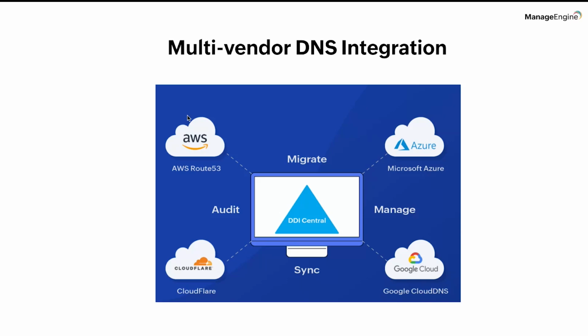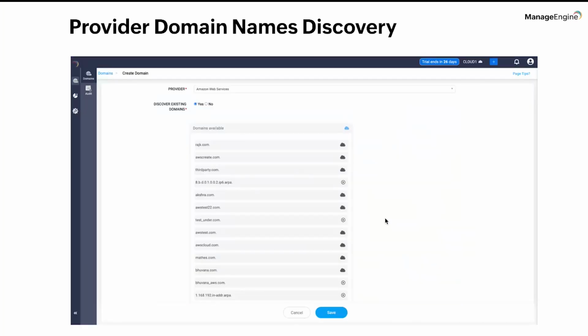So with this multi-vendor DNS integration through a cloud observability module, you bring in domain names from all these prominent providers. You migrate them basically, and you manage them. And whatever changes you make within the DDI Central interface will be synced to the relevant cloud provider, and whatever changes you make through the cloud console will be reflected in here. So there is a two-way synchronization taking place.